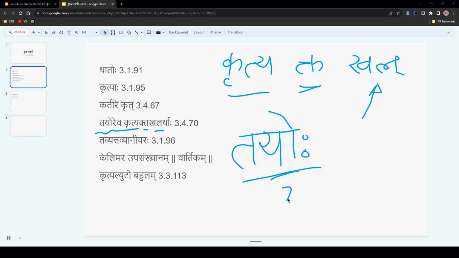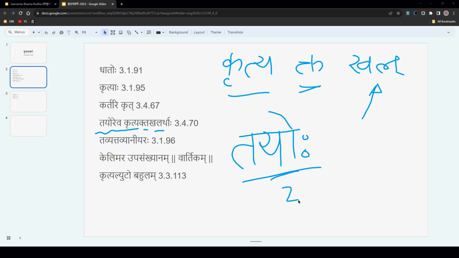What is this tayoho, the dvivachanam? So this is referring to karmani and bhave, two things. Okay? Dvivachana is coming because it is referring to two things which are karmani and bhave.